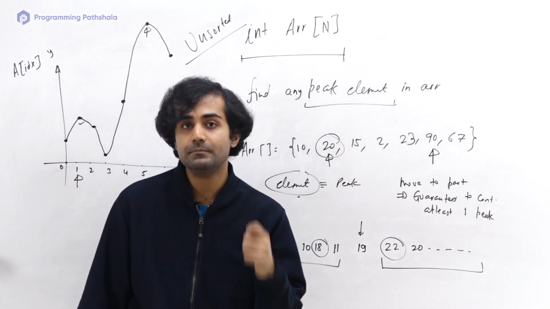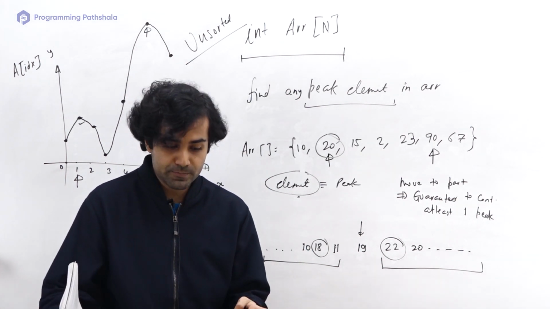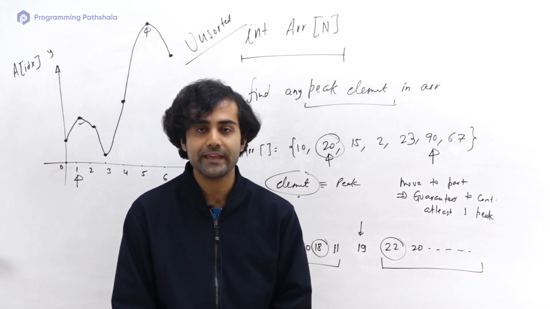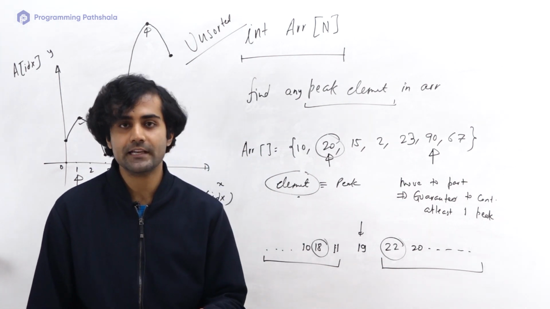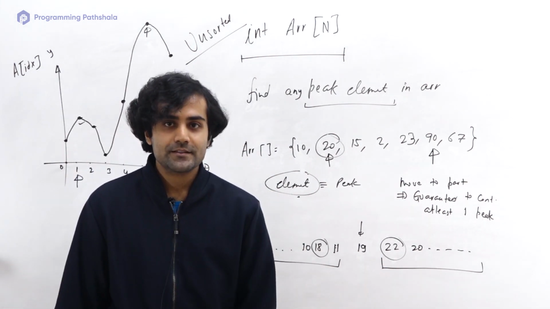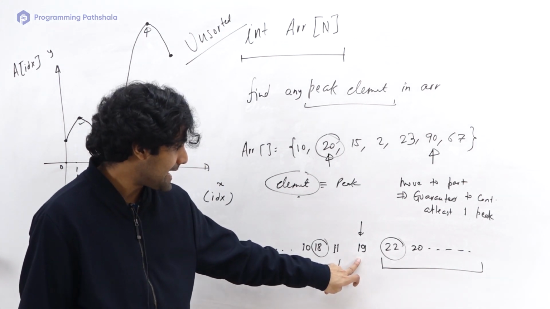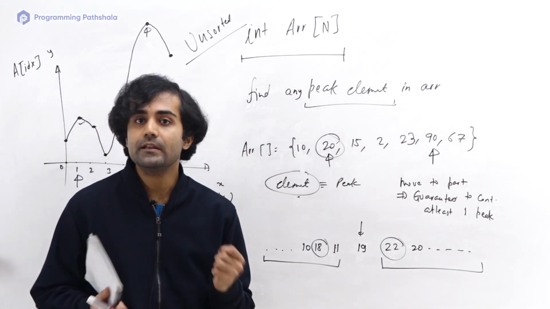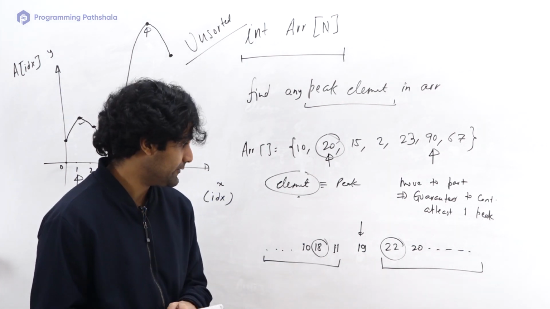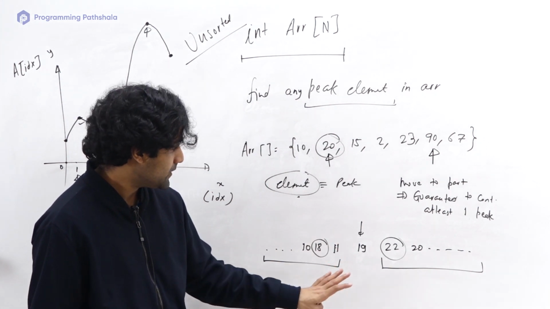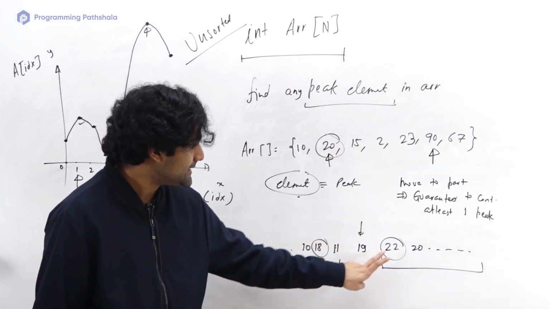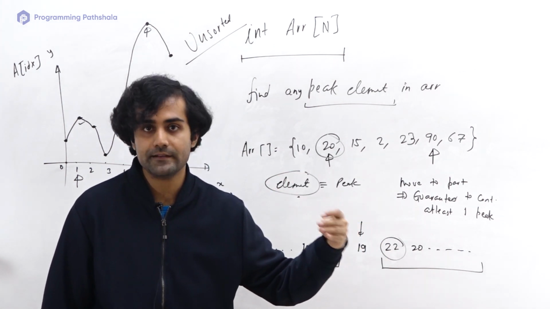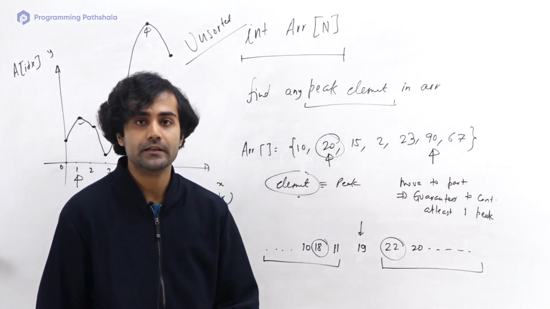Now how to determine that? How to figure out which part will have at least one peak for sure? Maybe again pause and think a bit about it. Okay guys, so see, whenever such a situation happens that array of mid is not a peak element, then the scenario is that there is at least one adjacent element which happens to be greater.